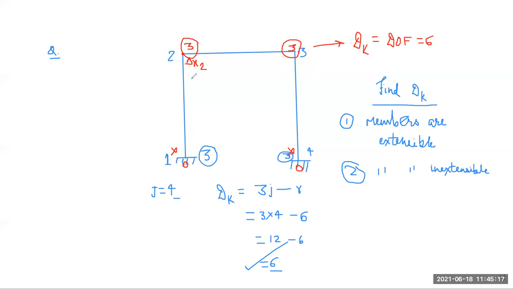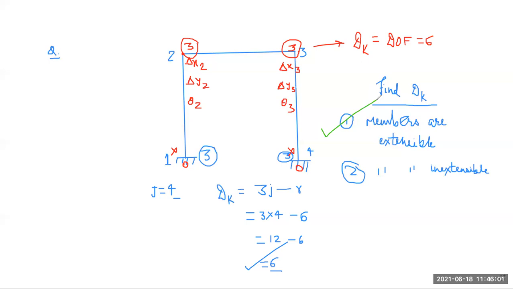Here you get delta x2, delta y2, theta 2, delta x3, delta y3, and theta 3. So I think the first case is solved. This is the first part of your answer: you find the Dk of this frame when your members are extensible.